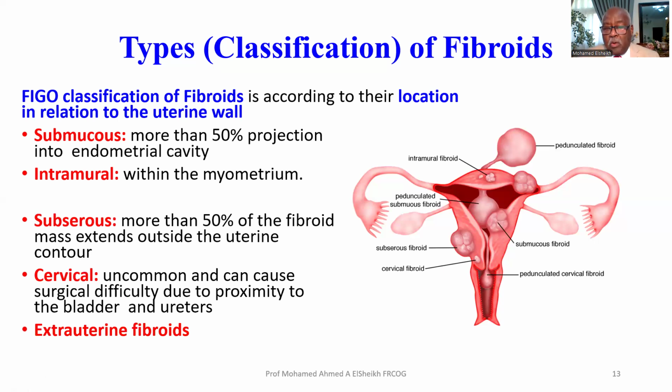So think about it. Here in this picture, you will see a submucous pedunculated fibroid. This is submucous within the cavity and within the myometrium, but here it becomes pedunculated. This is another pedunculated fibroid rising from the wall and becomes pedunculated with a connection that contains its blood supply going there. So these are the different places whereby you can get fibroids.